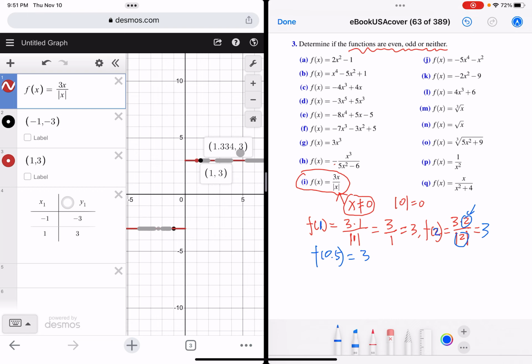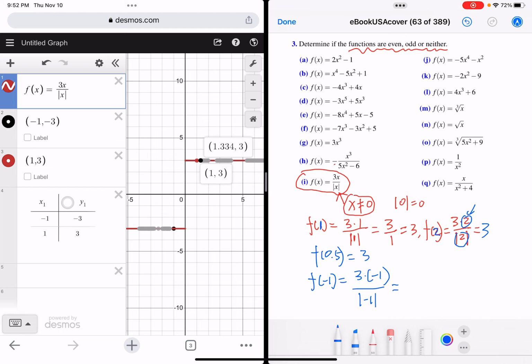Now, on the negative side, it's going to be different, okay? So you see here, if you plug in f of negative 1, then that will be 3 times negative 1, and then downstairs the absolute value of negative 1.